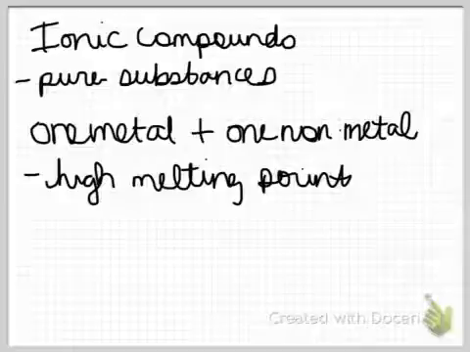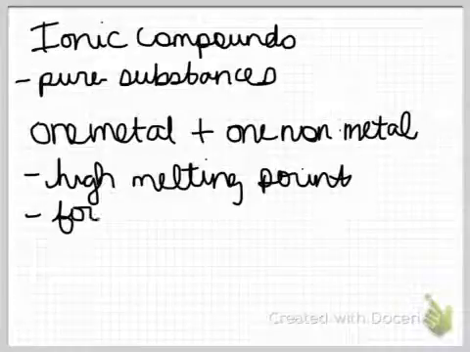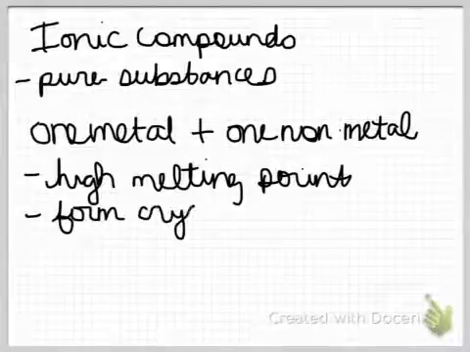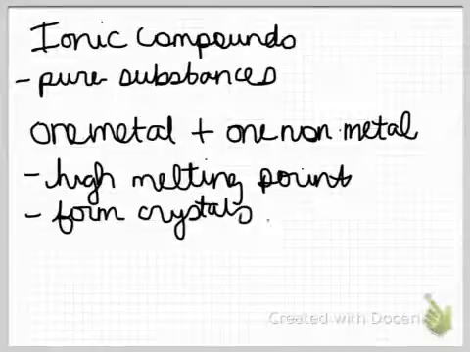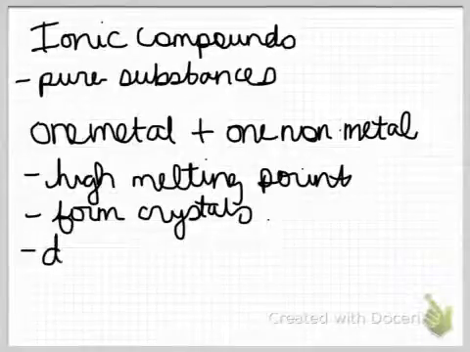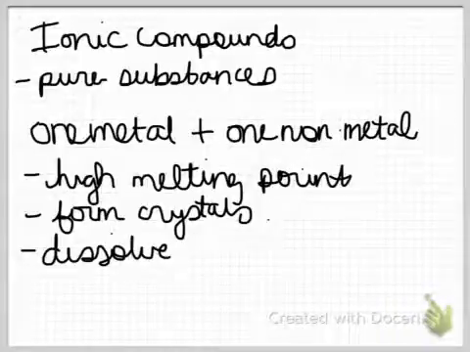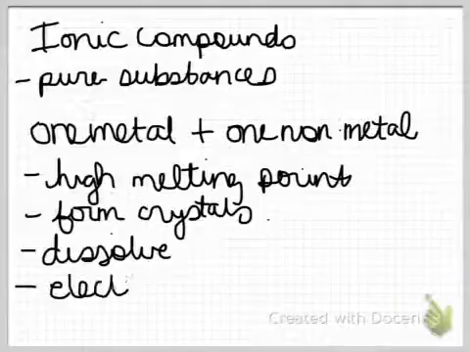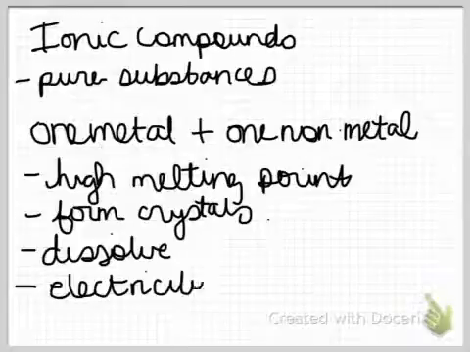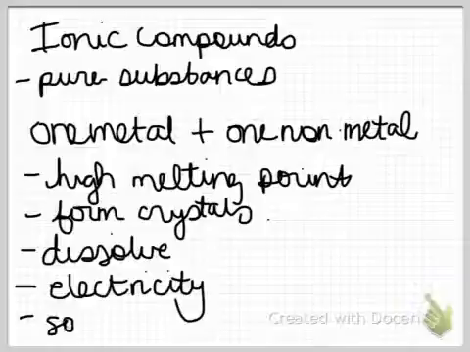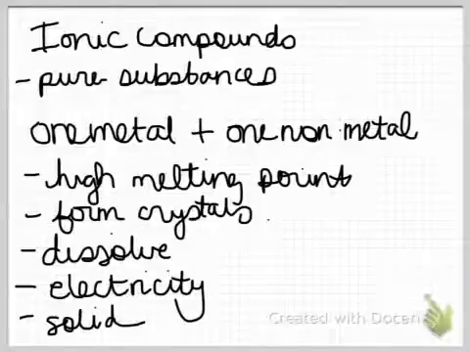They will also form crystals, and they dissolve in water to form solutions that conduct electricity. And they are also solid at room temperature. So, ionic compounds, again, made up of one metal and one nonmetal element.